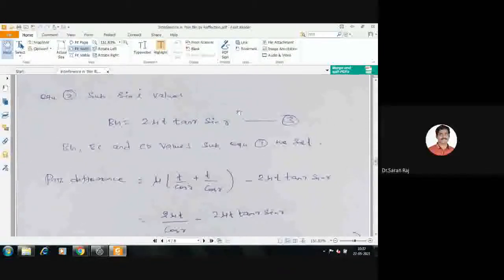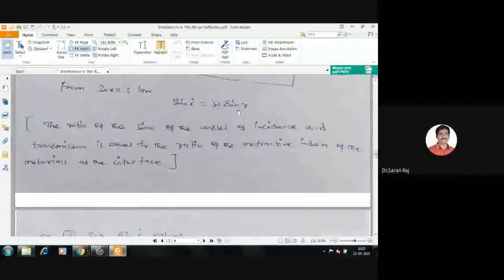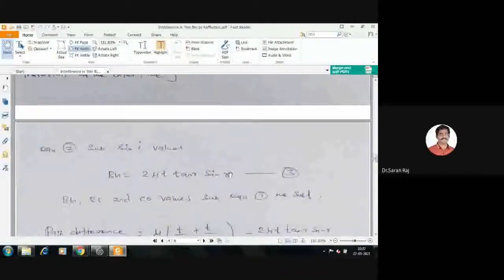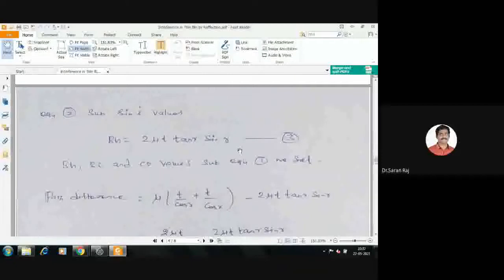Yes, you got it. This is equation number 3. In this, the BG, BC and CD values you know, because our target is to determine the path difference of this thin film. So the path difference is our only target.